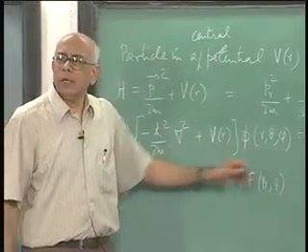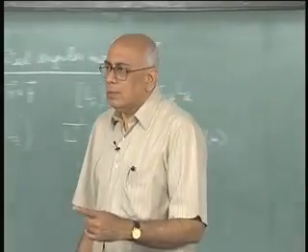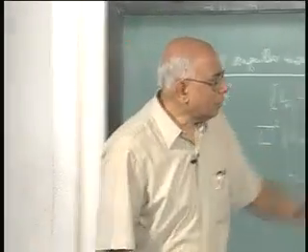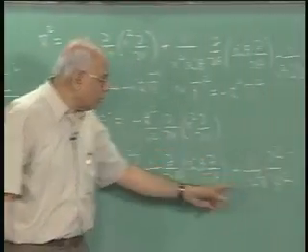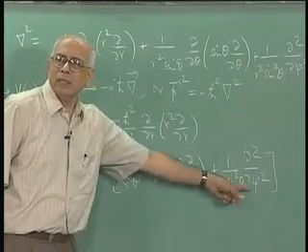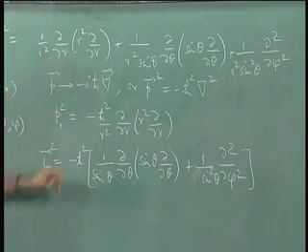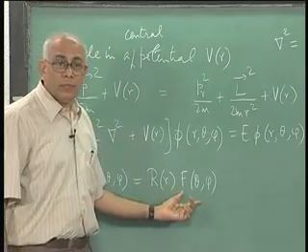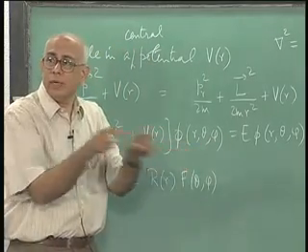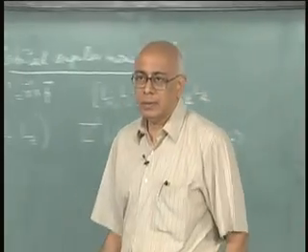I would like to keep theta and phi together, the two angular variables together, because the equation that I have, this portion, has both theta and phi mixed up in it, whereas this is clean, r is separated out. So for the moment I would like to keep it in this fashion. This function may further factor into a function of phi and a function of theta, but at the moment I just keep them together.